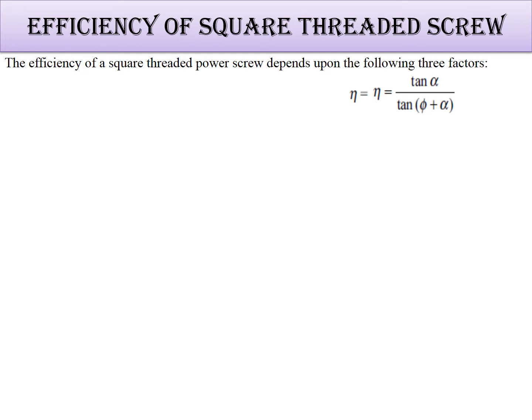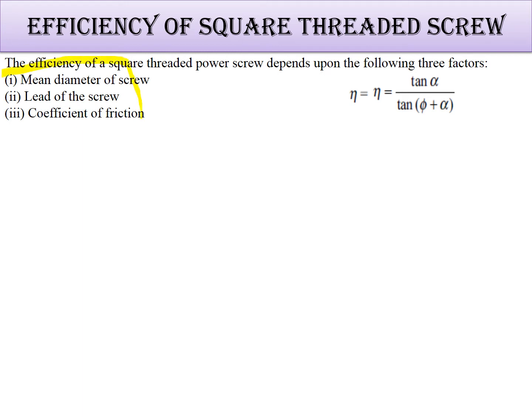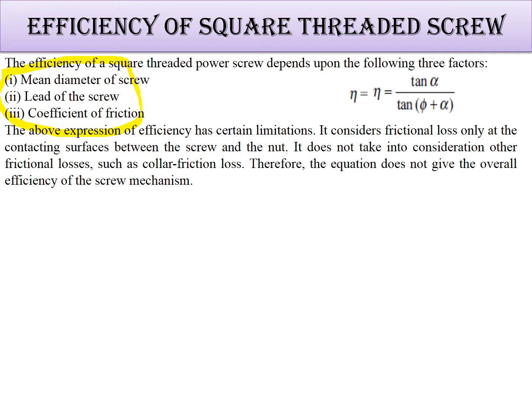So this is the term here, and this term, that is for the efficiency of square thread, depends on three major factors. That is the mean diameter of screw, then the lead of the screw, and the coefficient of friction. These three things are very important for square threads.